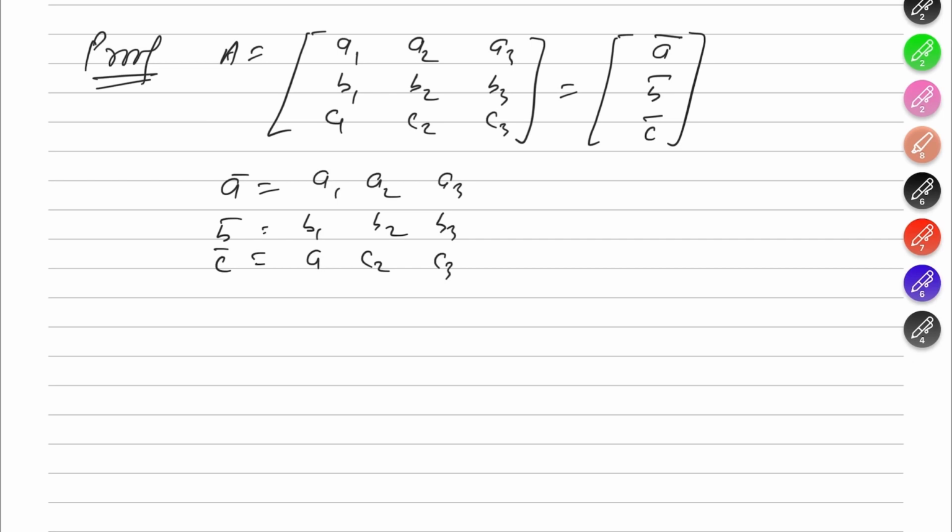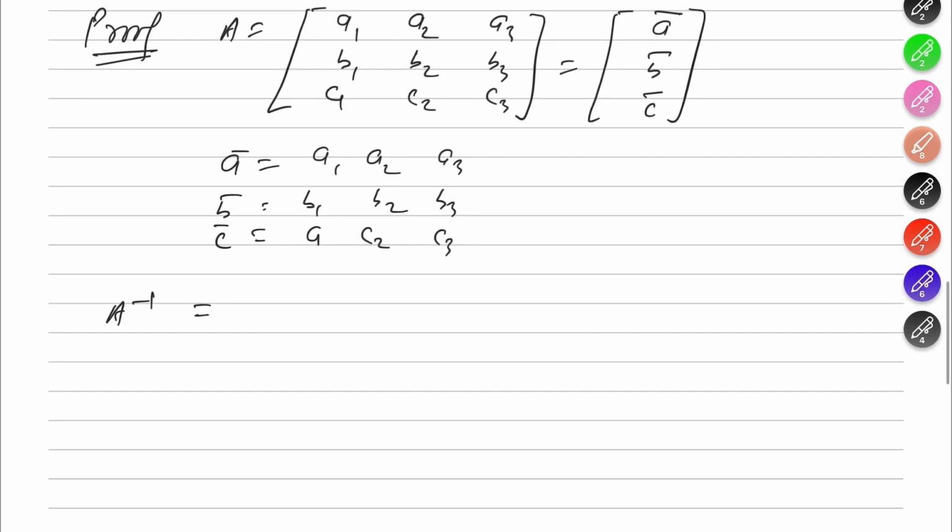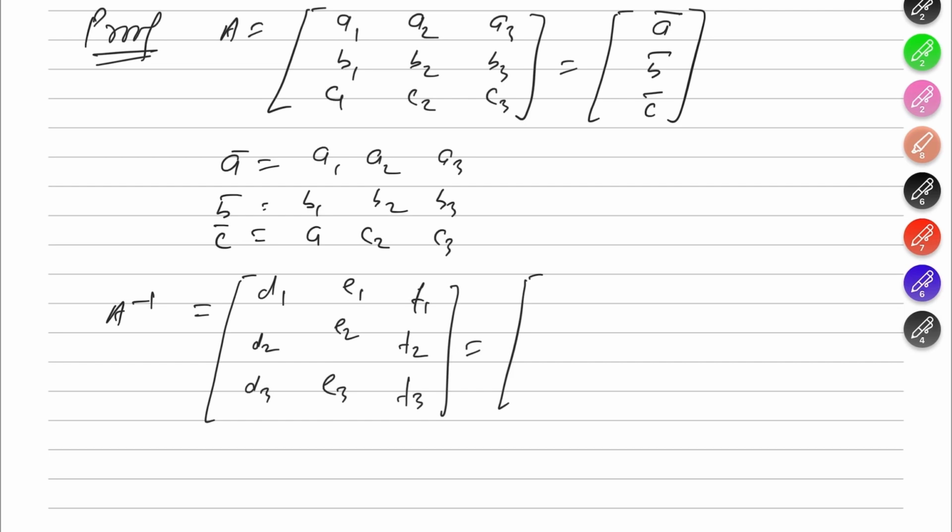Now I am assuming an inverse matrix. Let us assume the inverse matrix is like this. So I am writing in this manner: D1, D2, D3, E1, E2, E3, F1, F2, F3. You will shortly understand why I am writing like this.